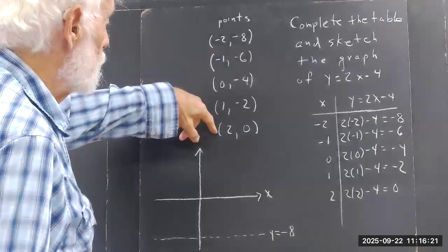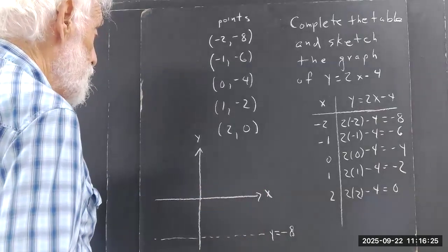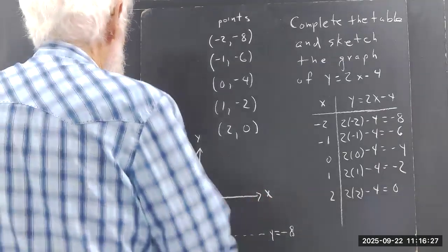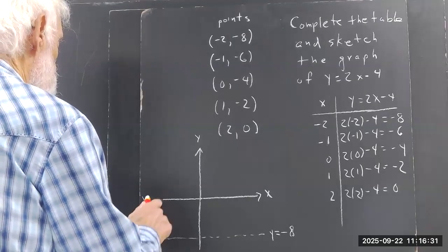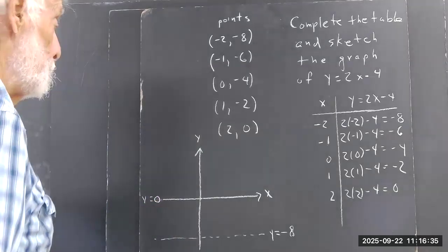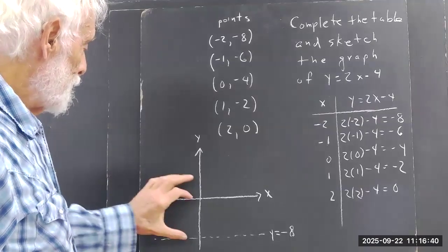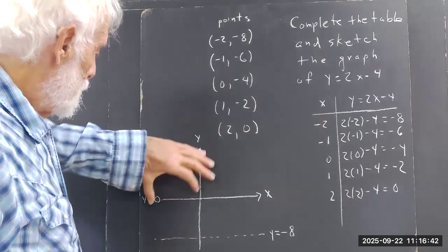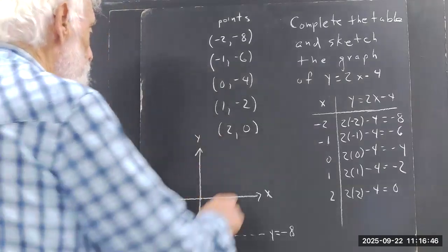Then y equals 0 on the x-axis. So we could say this is the line y equals 0. If we want to use equal scales, then x equals 8 should go about here.